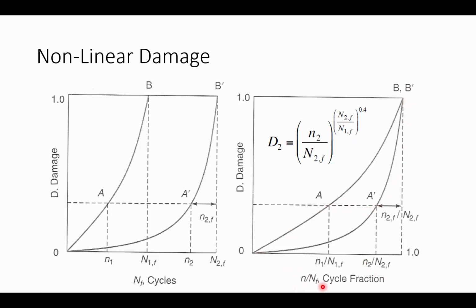If we normalize the cycles to failure, so if we go from just cycles to a cycle fraction, we're actually able to see how the first stress block relates to the second stress block. And then using this equation, we can figure out how, when we shift over to the second stress block, the accumulation of damage changes.